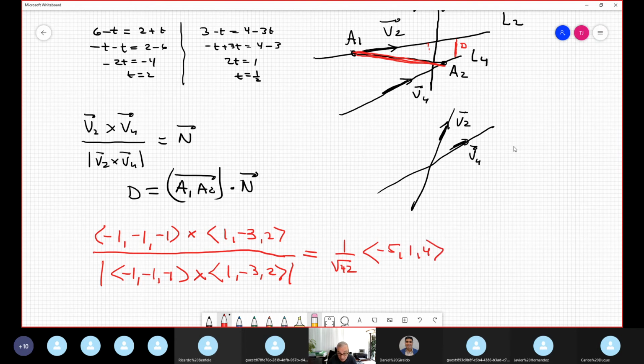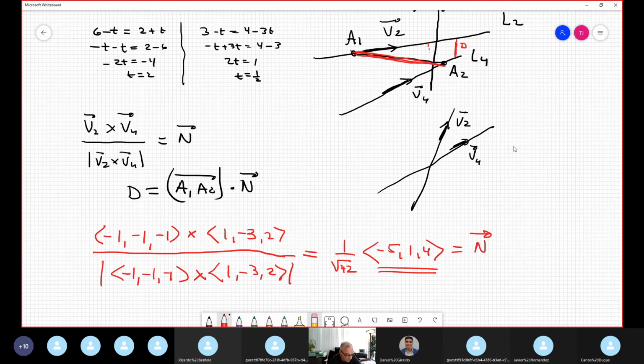First the cross product gives this answer, and you find the magnitude: 25, 1, and 16, it's 42. And this is the vector M.